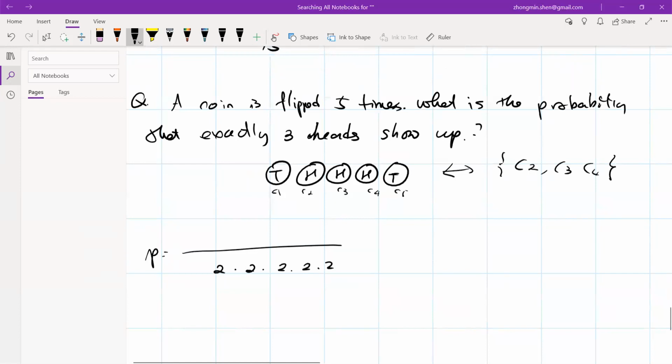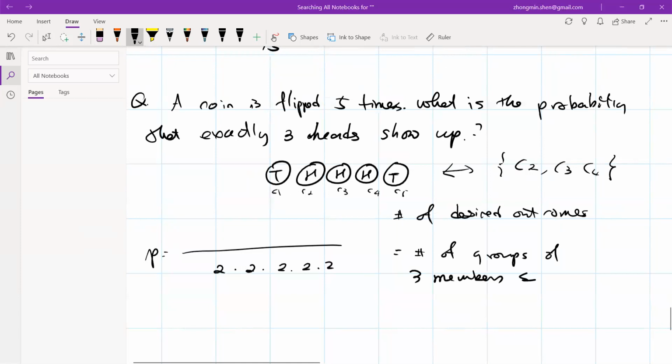So the number of desired outcomes is equivalent to the number of groups of 3 members selected from a group of 5 members.